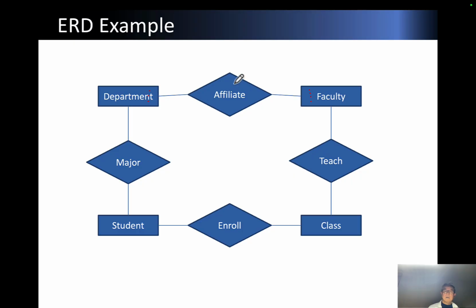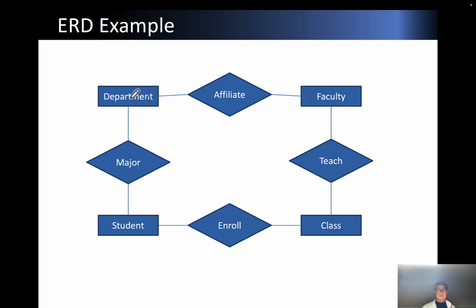But anyway, those affiliations are a relationship, because we have multiple relationships among the elements in this department and the elements in faculty, so we call that a relationship set. So a relationship set can be represented in this ER diagram as a diamond.